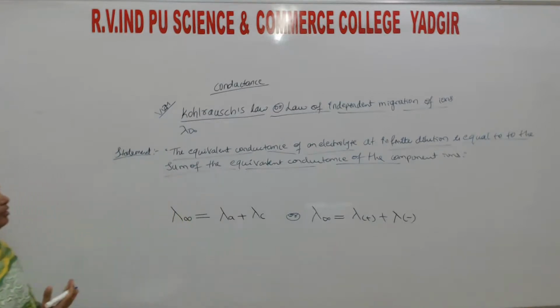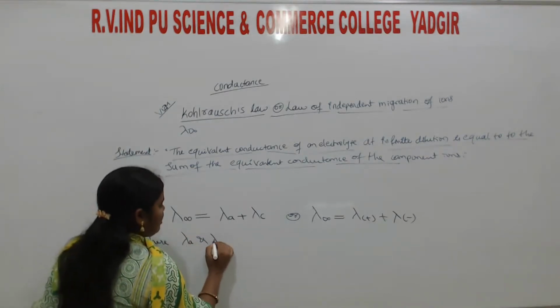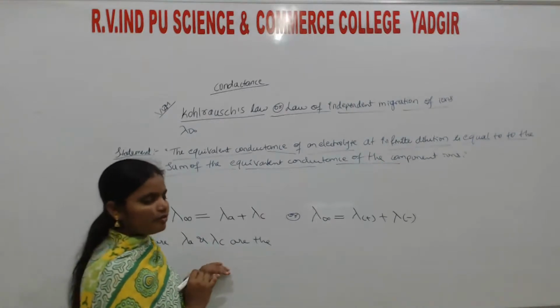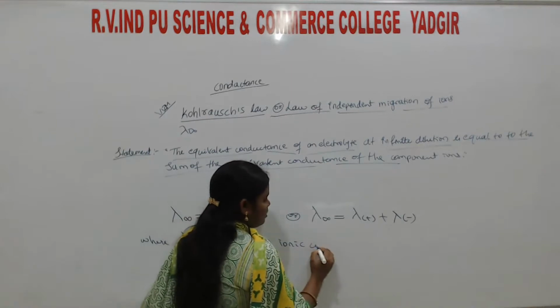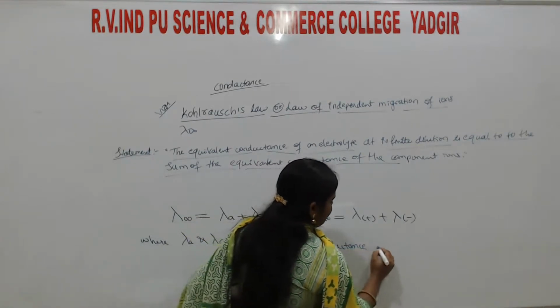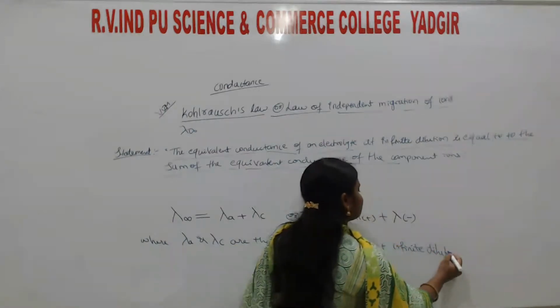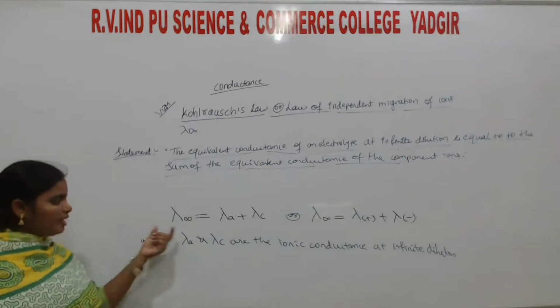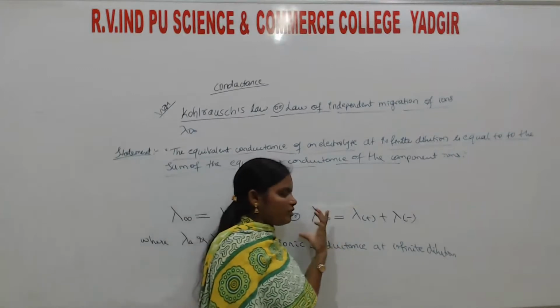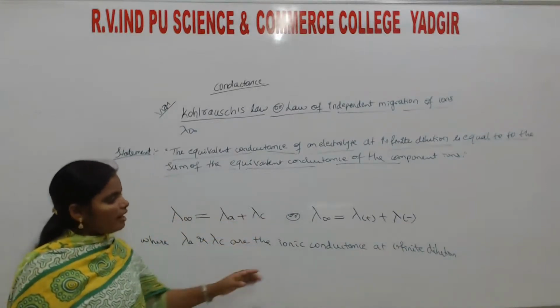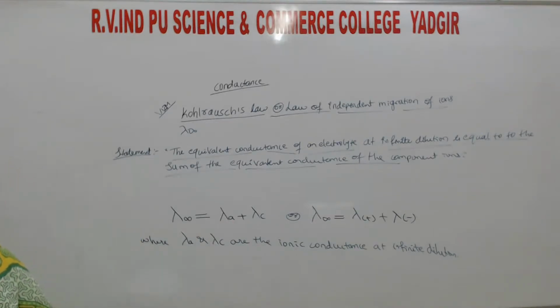This is the formula and statement of Kohlrausch's law, where lambda a and lambda c are the ionic conductances at infinite dilution. This is Kohlrausch's law.